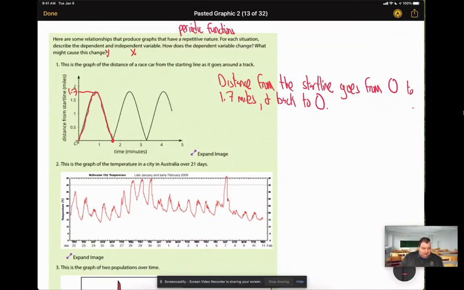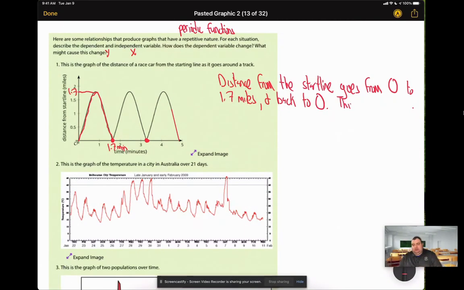Now, how often does it repeat itself? So this would be, I would say, about 1.7 minutes. Okay? And then it repeats itself here, and then it's going to come back down and repeat itself here. So it's going to repeat itself every minute and a half, all right, or a little bit more than a minute and a half.